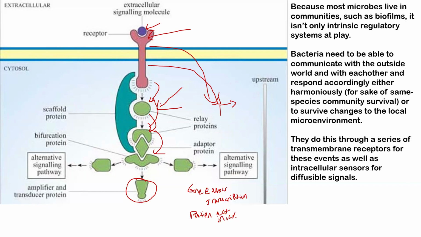There are also relay proteins, and there's also the small uncharged lipid or lipophilic signaling molecule, which can bypass the membrane and might have an intracellular receptor, which can undergo either direct transcription factor functionality or be part of a relay system.